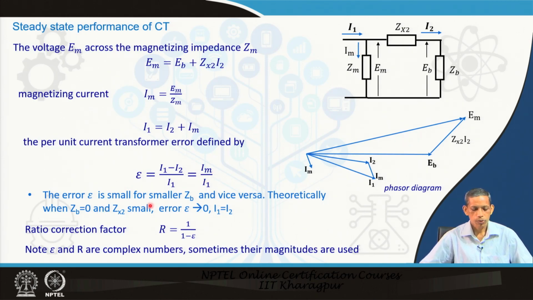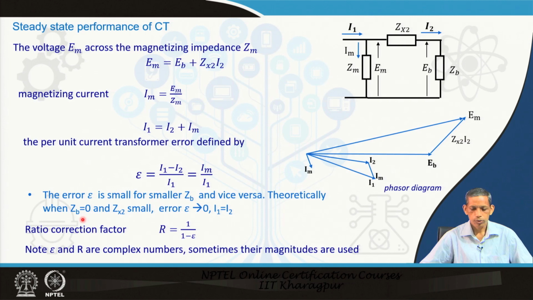The error epsilon is small for smaller Zb and vice versa.